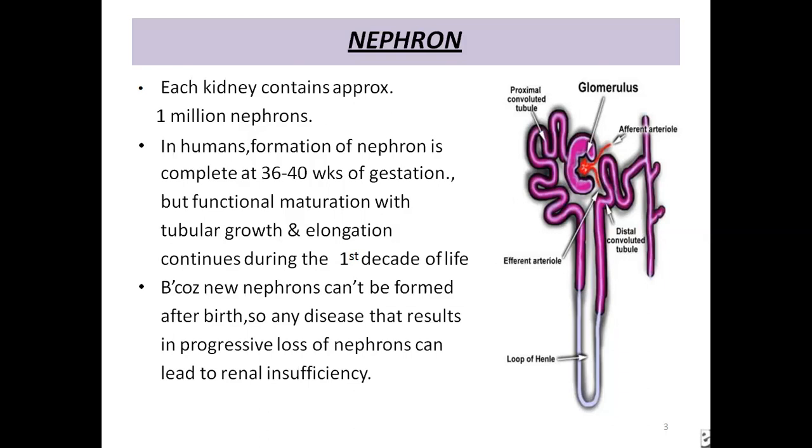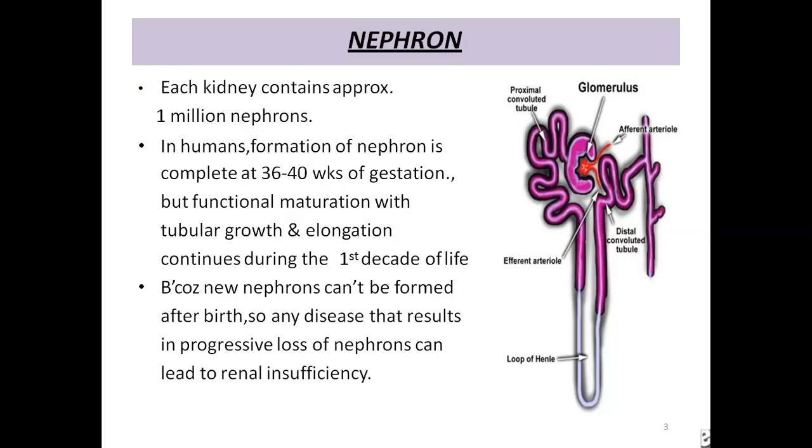In humans, formation of nephrons is completed by approximately the 36th week of gestation, but functional maturation and tubular growth and elongation continue during the first decade of life. So it does mature and grow in size even after birth.